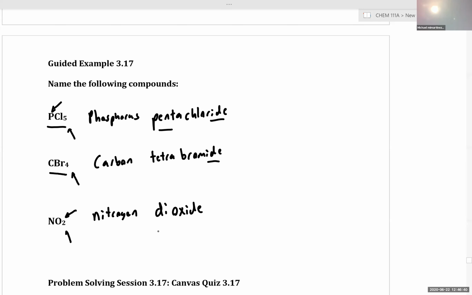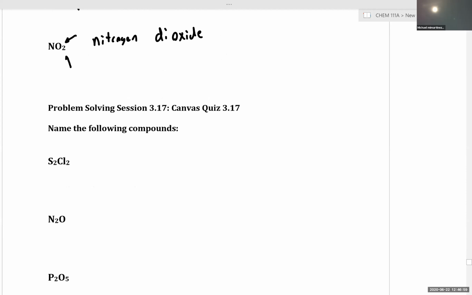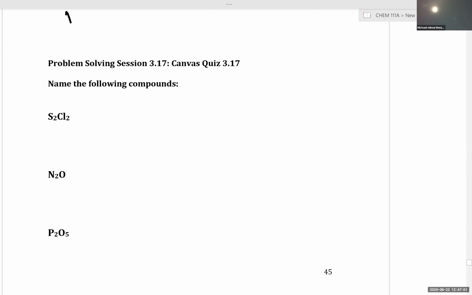Do these examples make sense so far? Any questions on these examples so far? Okay, if there aren't any other questions, let's apply what we've covered to the following set of problems.